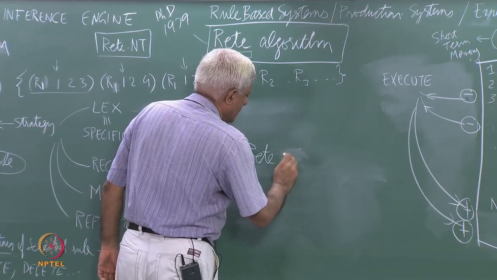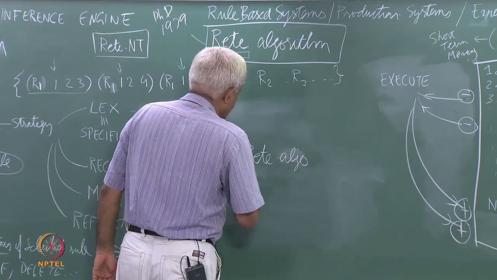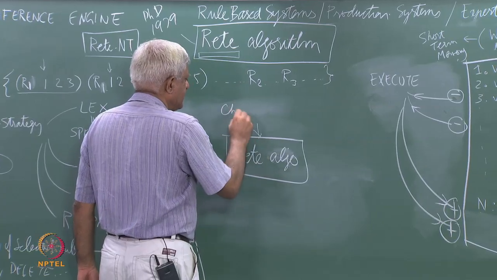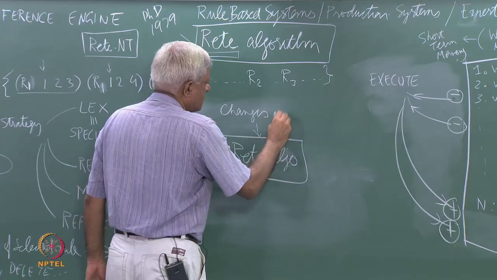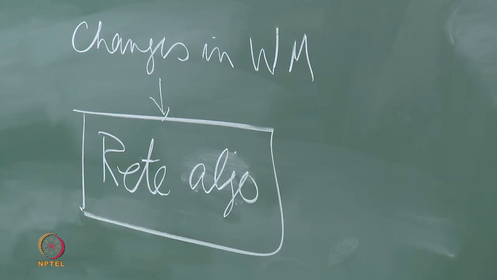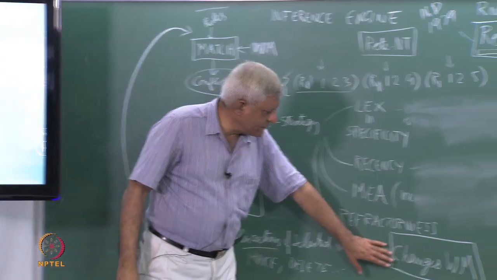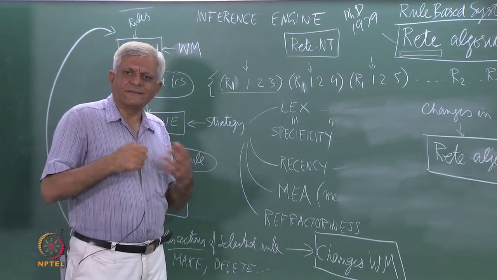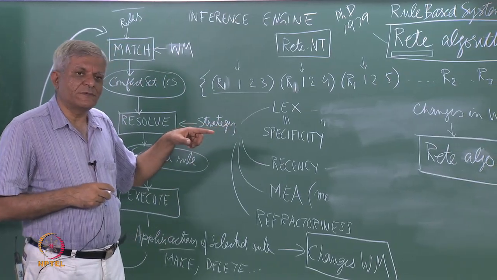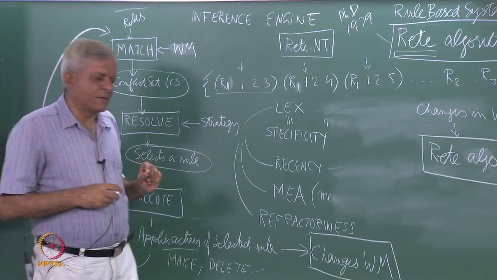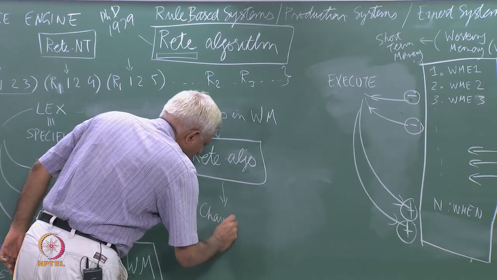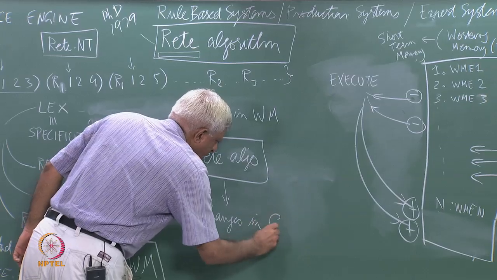It takes as input changes in working memory, which is what this execute action is doing. These are changes in working memory, it is deleting a few elements and adding a few elements. The Rete algorithm takes changes in working memory and gives you changes in the conflict set.